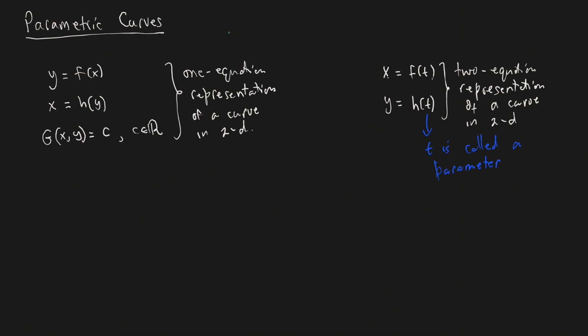So let's write that down. So all of this is the parametric equations, or these are the parametric equations for the curve. All right. And so that's what we're going to be focusing on now, right?